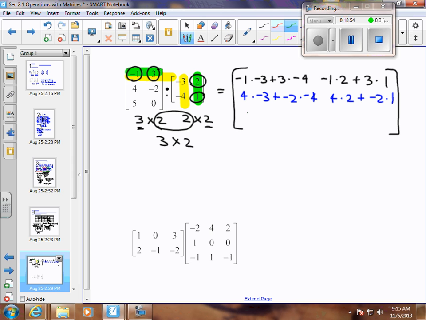Third row, I have 5 times -3 plus 0 times -4, and 5 times 2 plus 0 times 1.